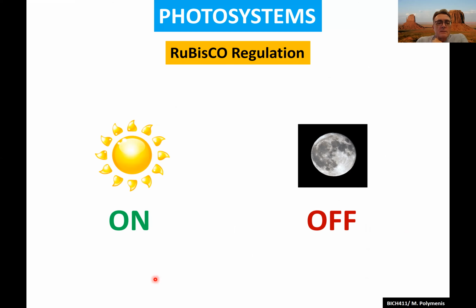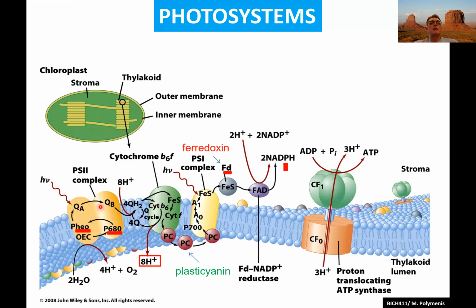How is it regulated? The enzyme is on at day. So when there is photosynthesis going on, the enzyme is on. At night, it gets turned off. What happens in photosynthesis, in the photo part, is that in daylight, when the sun shines, we have the electron transport chain, which we discussed in previous videos.